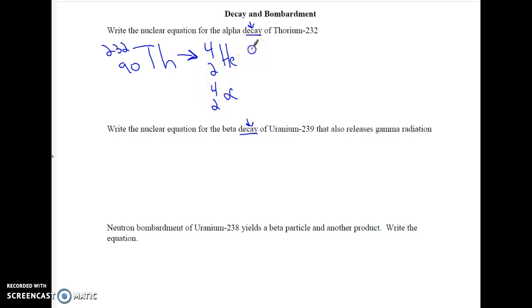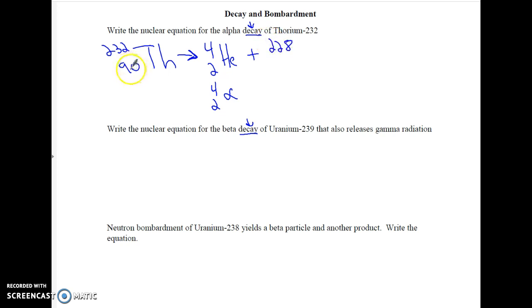Now, when you're doing this, you want to pay attention to the mass number and the atomic number. Mass is still conserved in nuclear equations. So you start off with this mass number of 232. Well, 4 of it is taken up in the alpha particle, so the other product is going to make up the other 228.